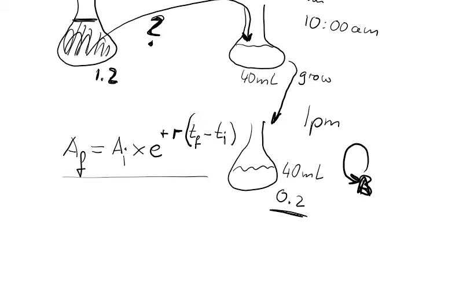And now what we can do is argue that we have certain things that we know: A final, T final, A initial, T initial.